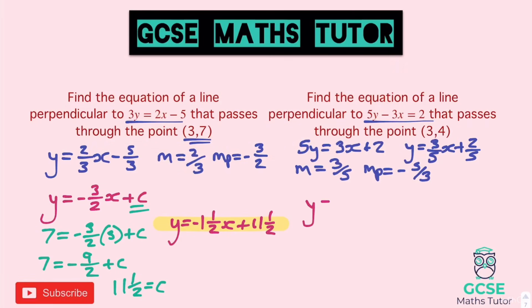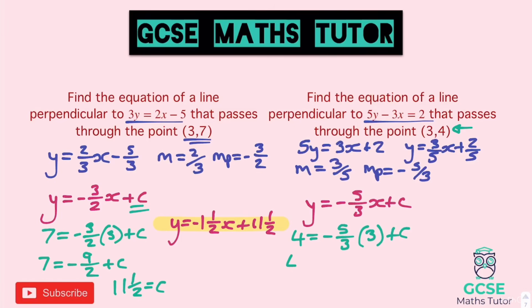So y equals minus 5/3 x plus c. And now let's sub in that coordinate there, 3, 4. So 4 equals minus 5/3 times the x coordinate there, which is 3, plus c. Let's times that out.